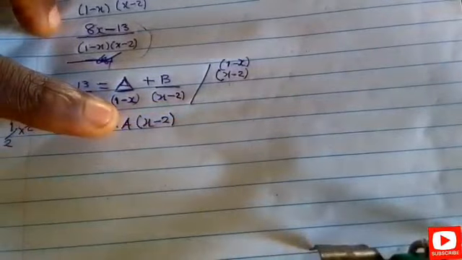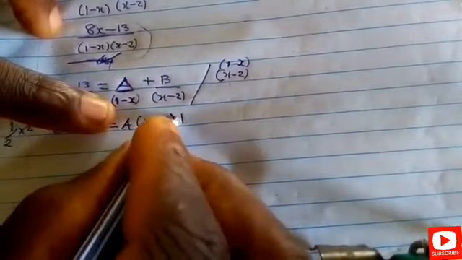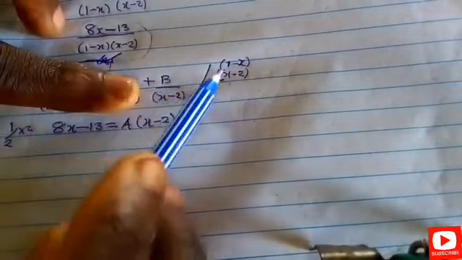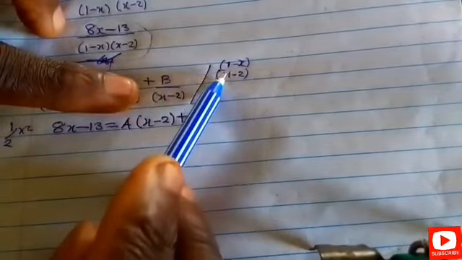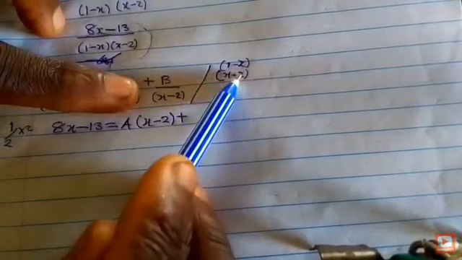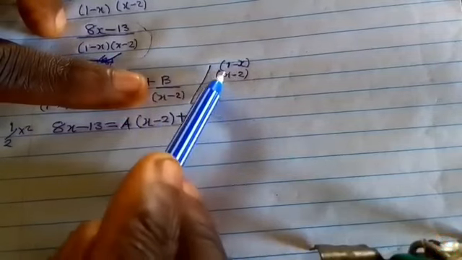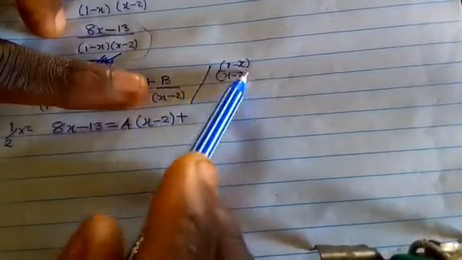Okay, then here I'm having plus. Similarly to this one, I'm just going to say open bracket, 1 minus x, close bracket, open bracket, x minus 2, close bracket, multiplied by b. So you are going to find that x minus 2 and x minus 2 are going to cancel each other.